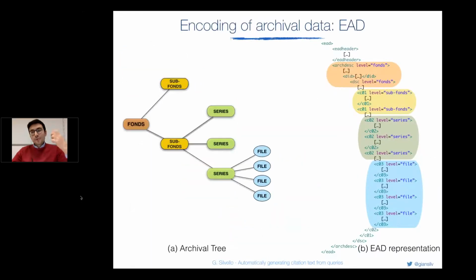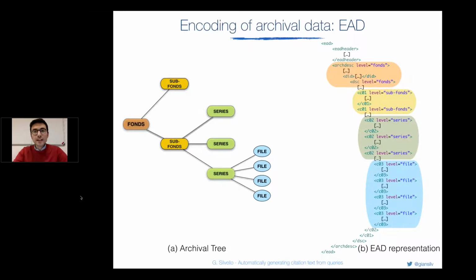But when we deal with digital archives, we deal with trees, and these trees are encoded in XML files. And the standard for digital archives description is the Encoded Archival Description, or EAD. Here we see, on the left, a typical archival structure, a very small one, and on the right, the XML file.